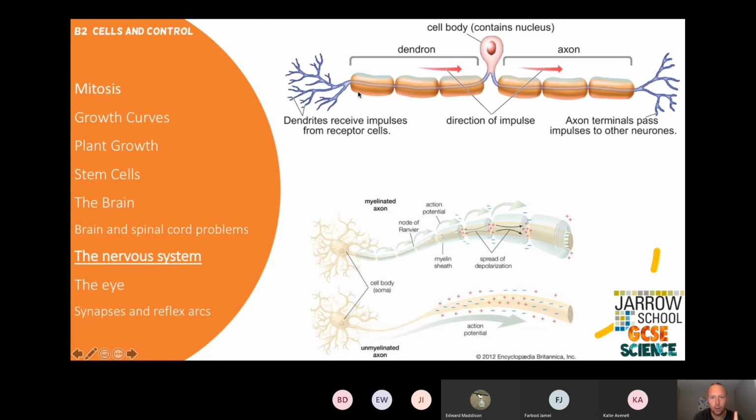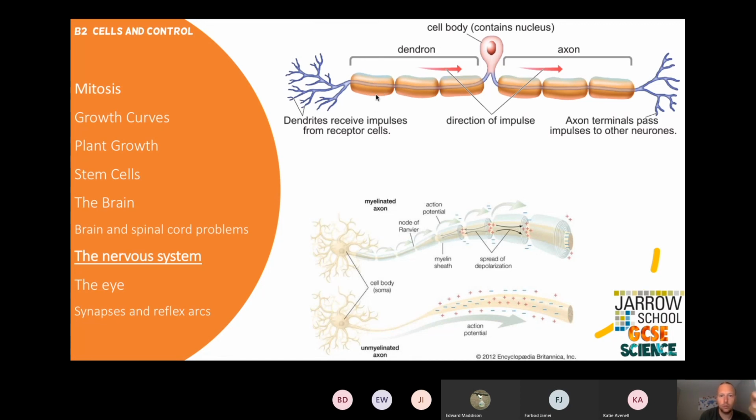Another thing I want to point out here is these orange bits on this diagram. This is called the myelin sheath. At A level, you'll learn that these are actually made of cells called Schwann cells. Basically, at GCSE you can just think of them as layers of fat which do not allow electricity to pass through.